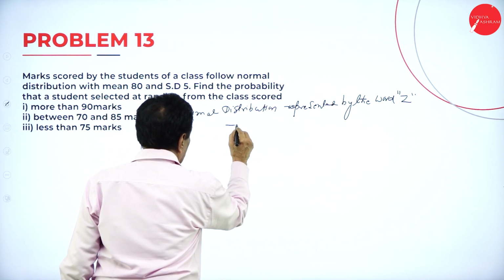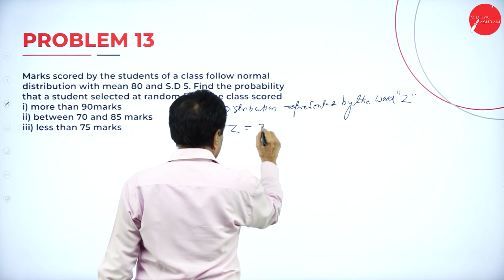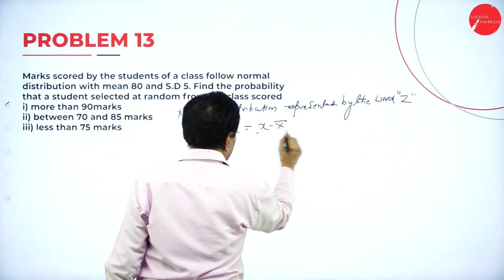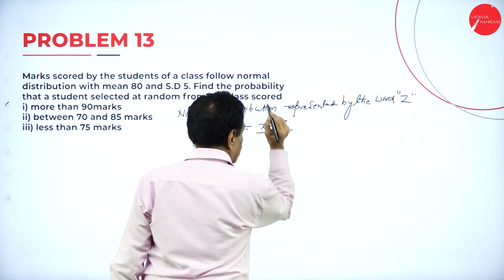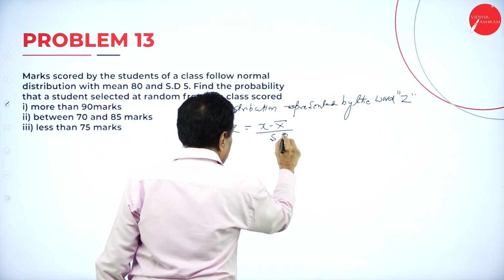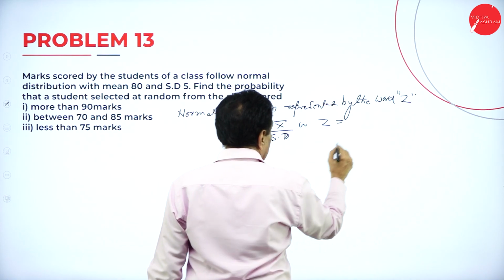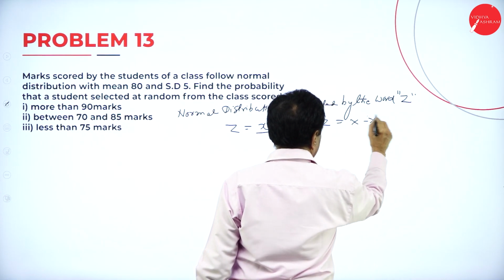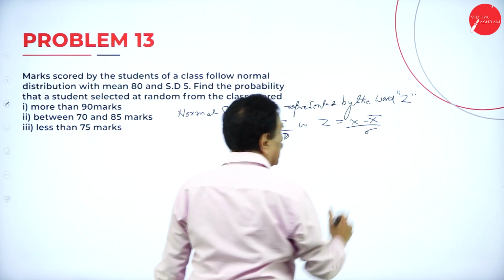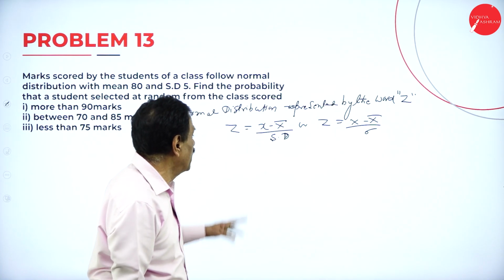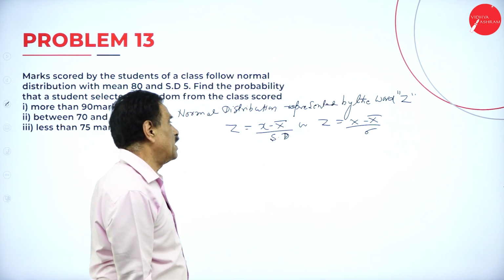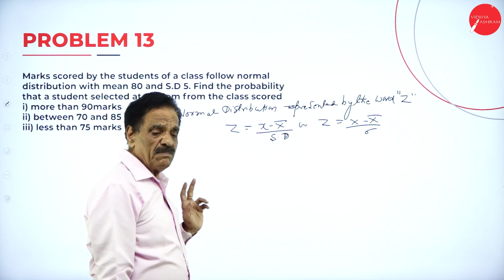The formula is Z equal to X minus X mean divided by standard deviation. Or we can write like this also: Z is equal to X minus X mean divided by standard deviation. What is the formula? X minus X mean divided by standard deviation.